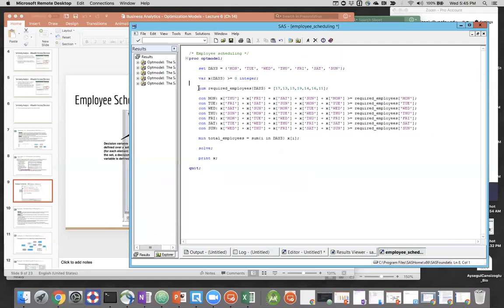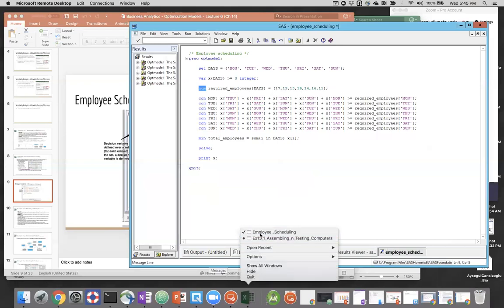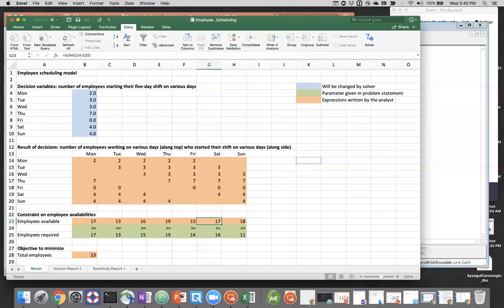For example, we define a number, because number is a parameter that's an input to the model. And here we are saying that the required employees is defined over days, and we define 7 numbers. I'm going to show how it was in Excel so that you can picture it better.